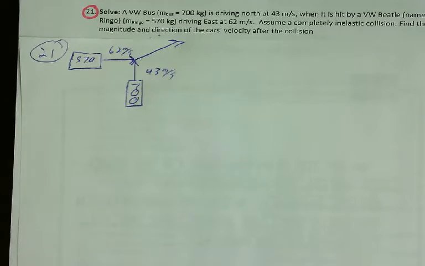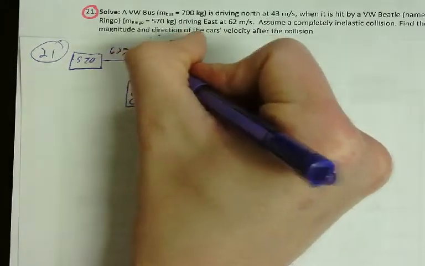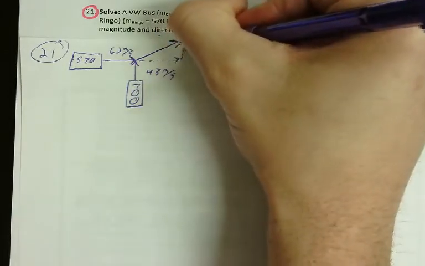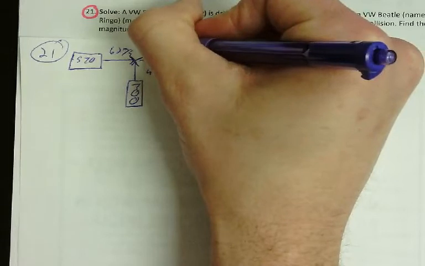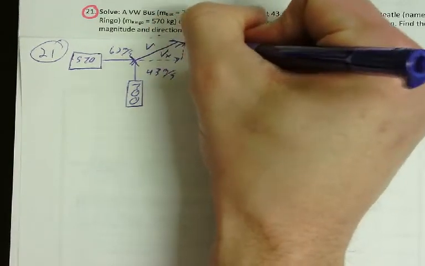The thing to keep in mind is that there has to be a beginning and an ending x velocity and a beginning and an ending y velocity, and then some combined resultant velocity. So we'll call this v, we'll call this vx, and we'll call this vy.